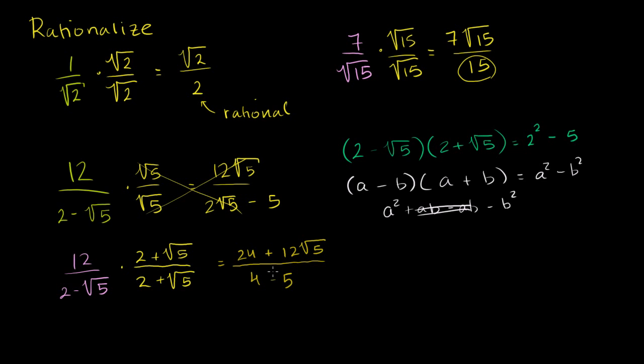So it's 4 minus 5, or we could just write that as negative 1. Or we could put a 1 there and put a negative sign out in front. And then no point in even putting a 1 in the denominator. We could just say that this is equal to negative 24 minus 12 square roots of 5.